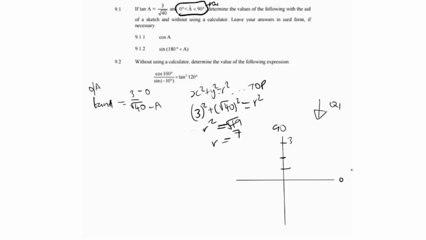it's at 6 comma something. So let's say here it's 6 and 7 here, and it's just here.